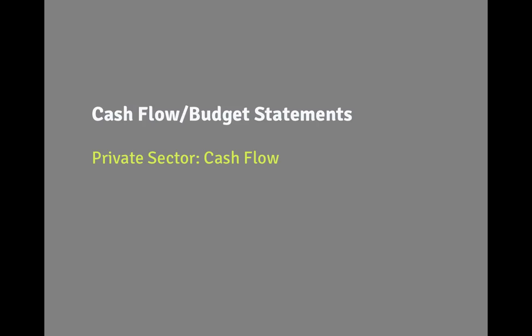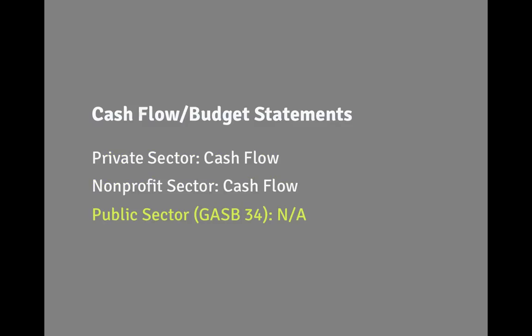The third statement that you'll often see in the private sector is a cash flow statement, because cash is always important. The nonprofit sector also uses a cash flow statement. The GASB 34 doesn't have a third statement. They only deal with the 2 statements that we previously reviewed.